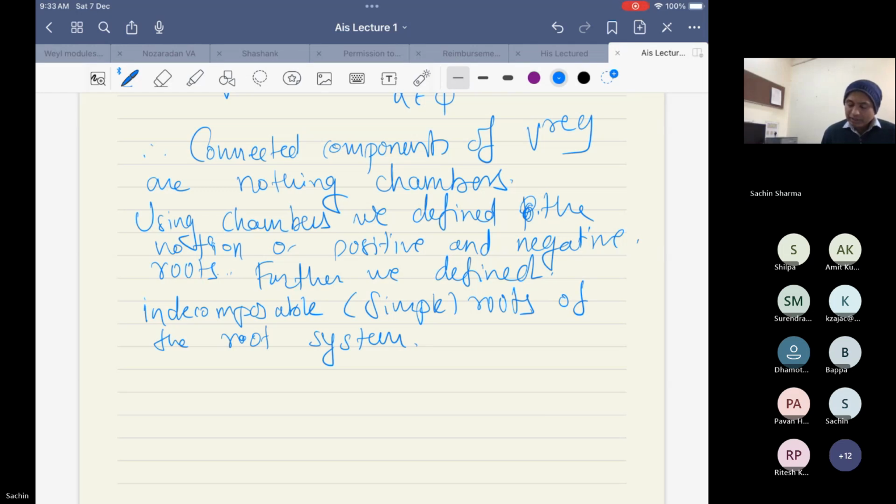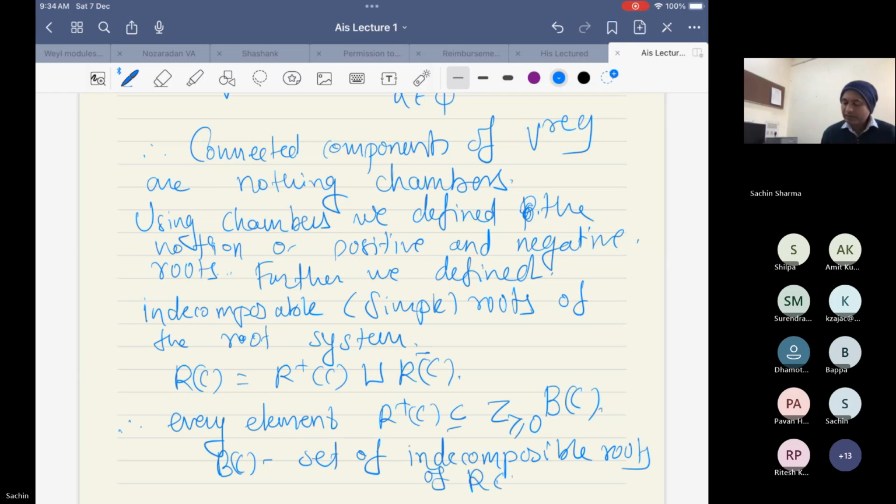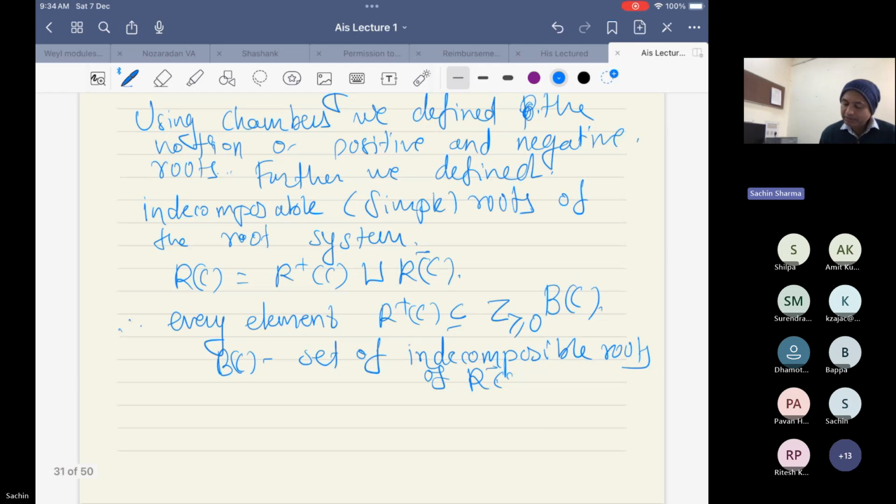Later we focused on R of C is equal to R plus C, disjoint union R minus C. And every element of R plus C is contained in non-negative integral combinations of B of C, where B of C is the set of all indecomposable roots of R. Similarly, R minus has that decomposition.